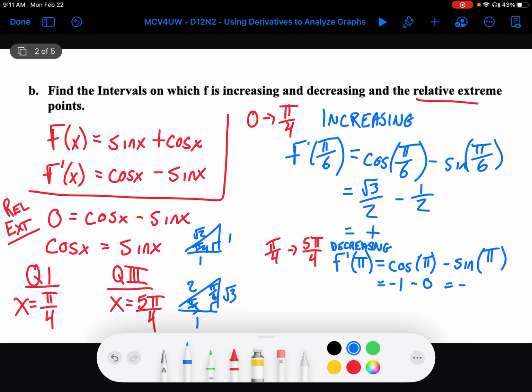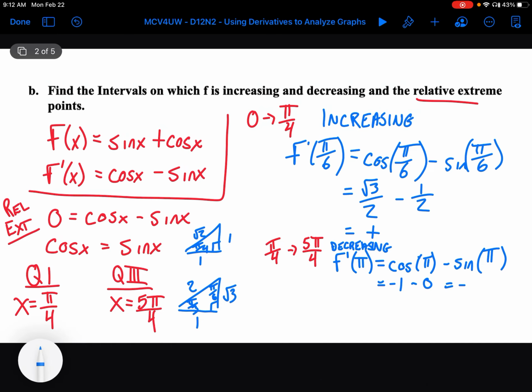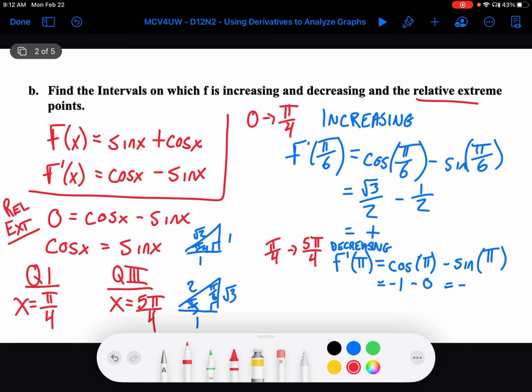And then finally, 5 pi by 4 to 2 pi. So let's sub in something between 5 pi by 4 and 2 pi. 3 pi by 2 is a nice easy one.